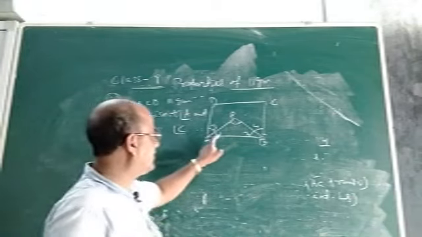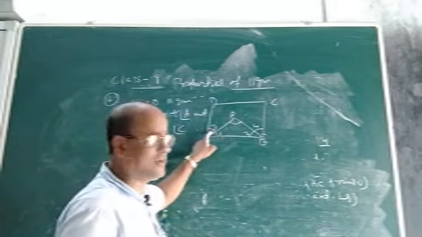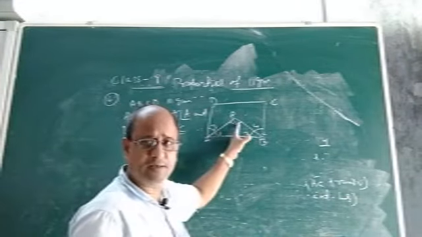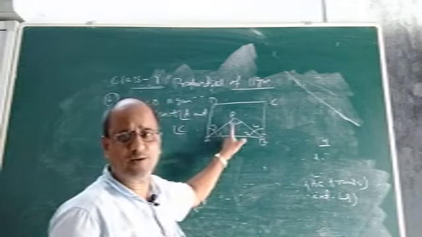If AP bisects angle A, then angle 1 and 3 must be equal. Similarly, if BP bisects angle B, then angle 2 and 4 will be equal. The two bisectors of the two interior angles of this parallelogram, namely AP and BP, intersect at the point P. So I said the measure of this angle will be 90 degrees.